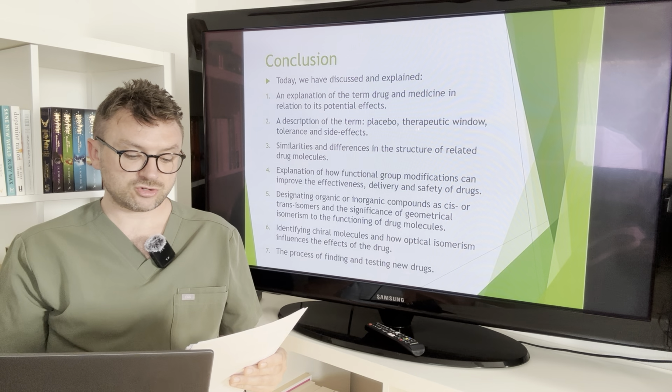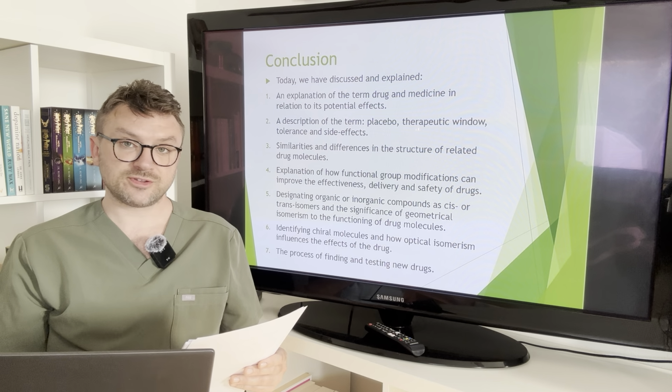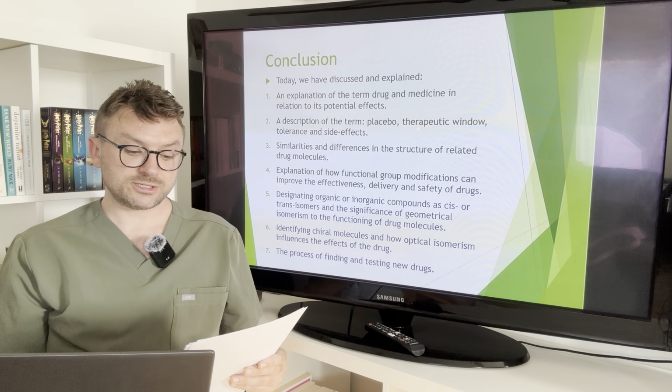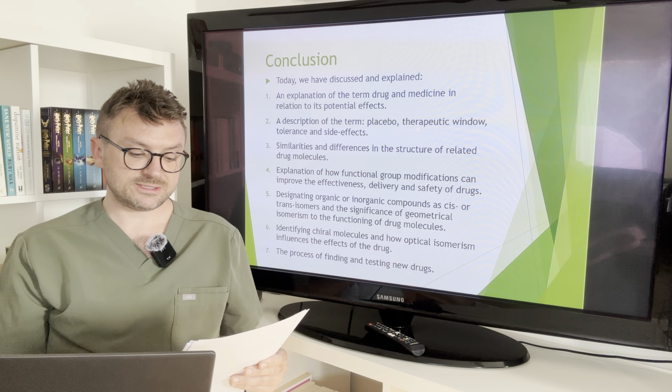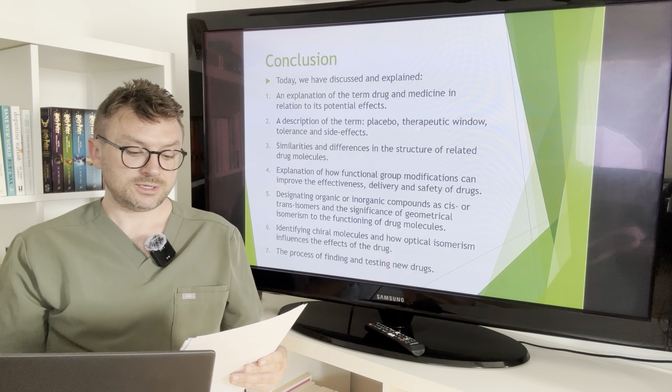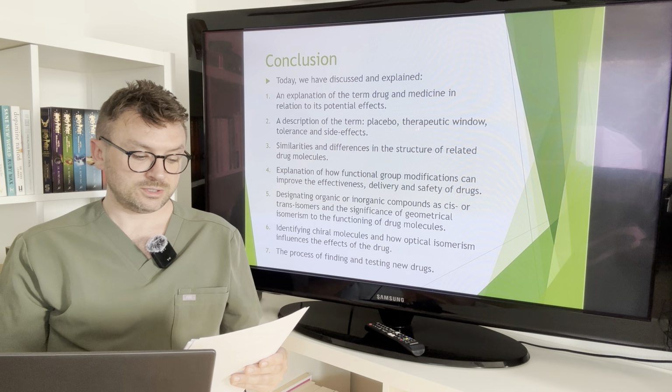Also, how chemical structure influences drug behavior, the importance of functional group modification, geometrical isomerism, and optical isomerism. I have also talked about the techniques used for drug detection, methods used to identify new drugs, and the growing role of computers and artificial intelligence in drug design.